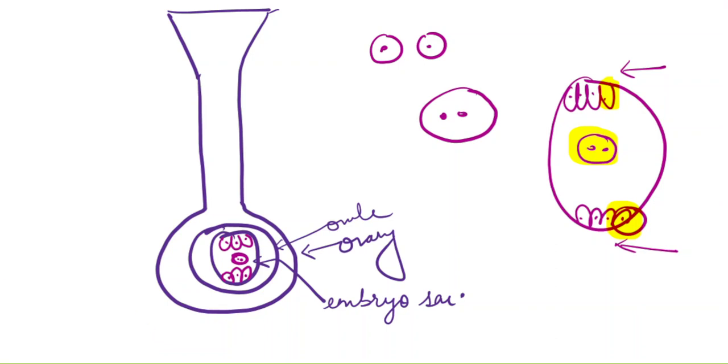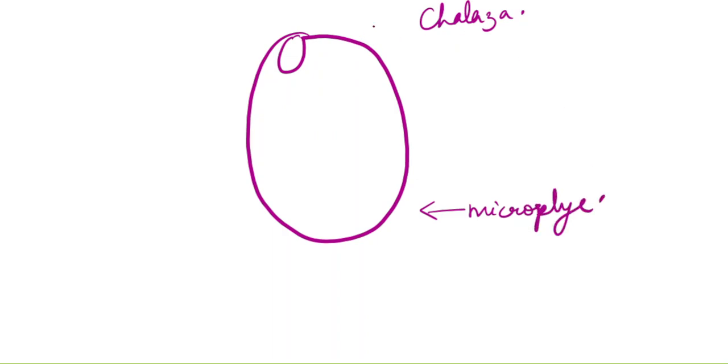I will draw a zoomed structure. Suppose this is the only thing which you are seeing, that is the embryo sac. Now, I told you upwards means which end? Upwards, I taught yesterday that the chalazal end is the upper end, and below, where there is a small opening, we call it the micropyle, or micropylar end.